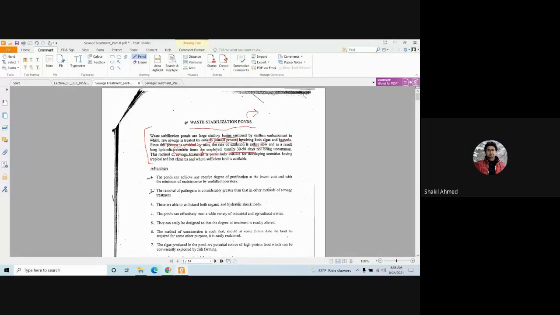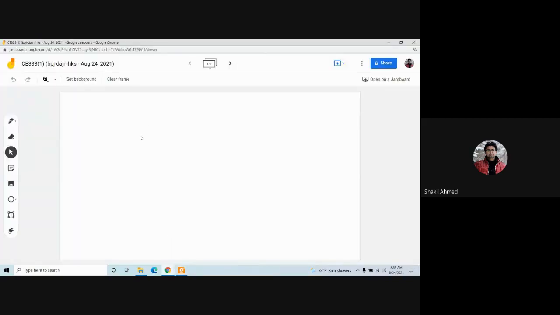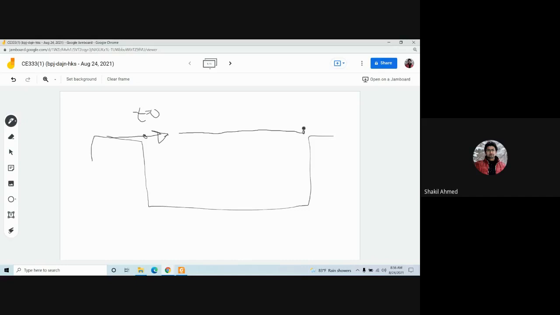Retention time means that if this is your pond, then the water particle enters here at time t equals 0, and it travels, and the water particle exits at time t equals t, let's say.